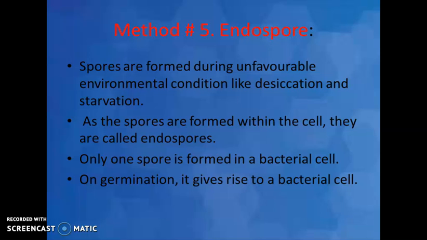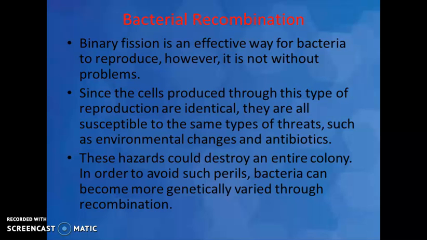Next is endospores. Spores are formed during unfavorable environmental conditions like desiccation or starvation. As the spores are formed within the cell, they are called endospores. Only one spore is present inside a bacterial cell, and on germination it gives rise to a new bacterial cell, which you already know.